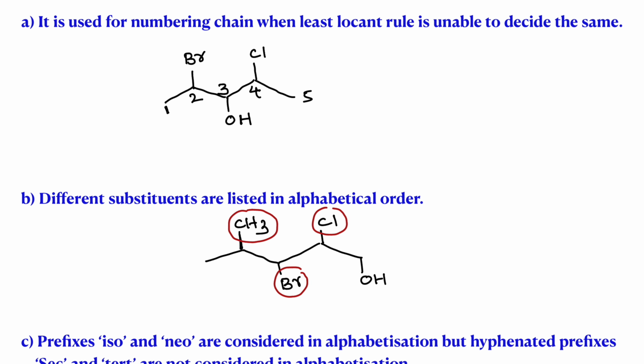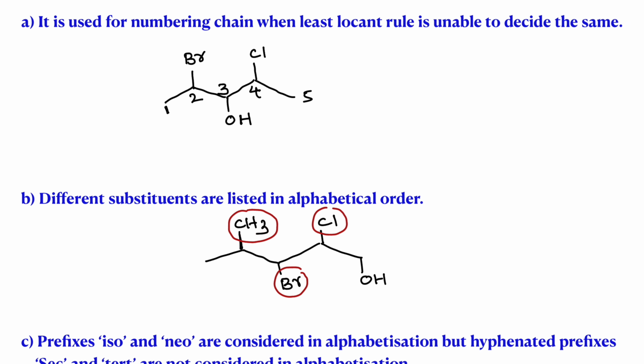While indicating the names of these branches, that is prefixes, we should indicate the names according to alphabetical order. So bromine comes first, after that chlorine, chloro, next methyl, M. So different substituents are listed in alphabetical order: bromo, chloro, methyl.